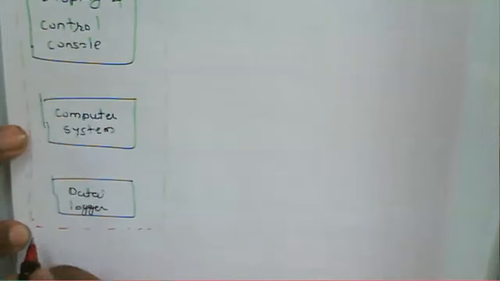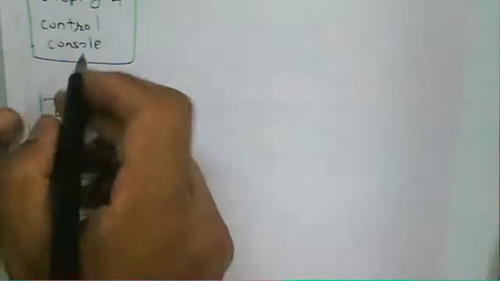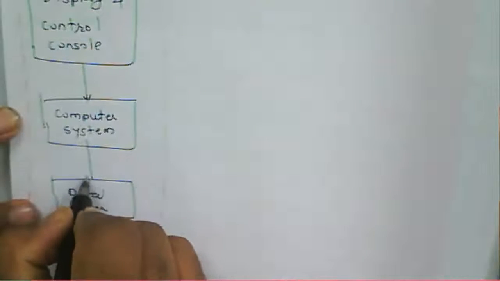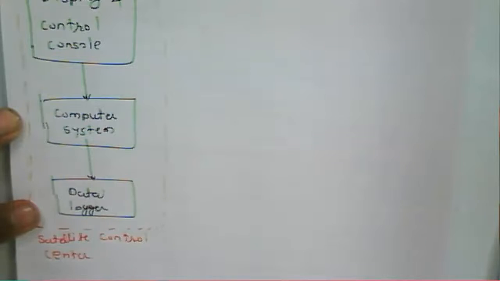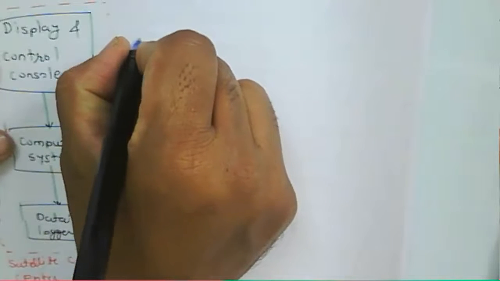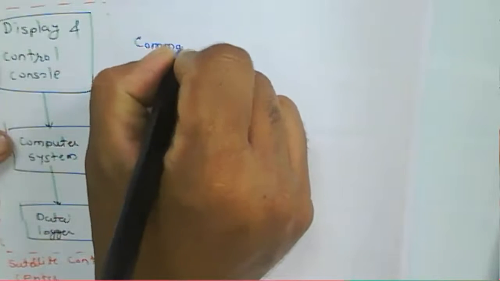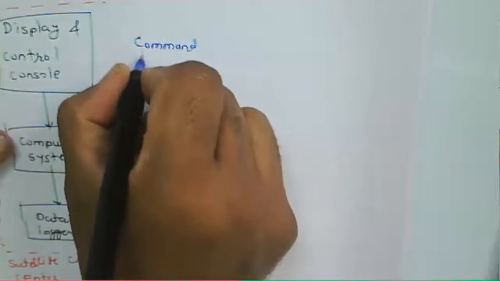These are the components from the satellite control center. This one, display control. We have a data logger there. Then we have a component of command transmitter.